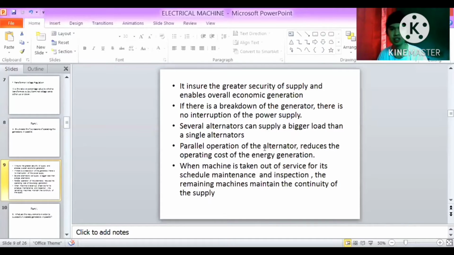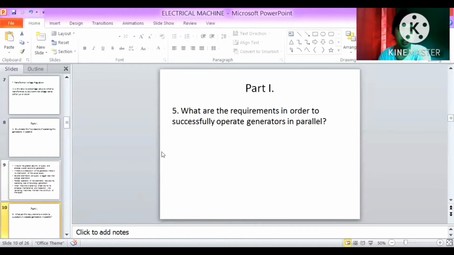Parallel operation of alternators reduces the operating cost of energy generation. And last, when a machine is taken out of service for scheduled maintenance and inspection, the remaining machines maintain the continuity of the supply.